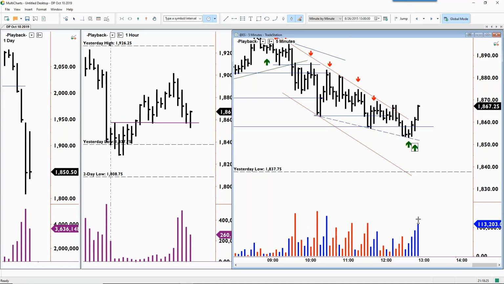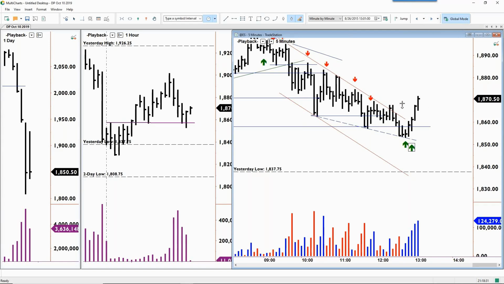Well, we saw it a little bit over here, but let's see if this will pan out for us. First thing we need to do is break this swing high, this little swing high right here. And we're doing it, right? Well, we're caught there, okay? But notice the volume. Notice the ease of movement going up.